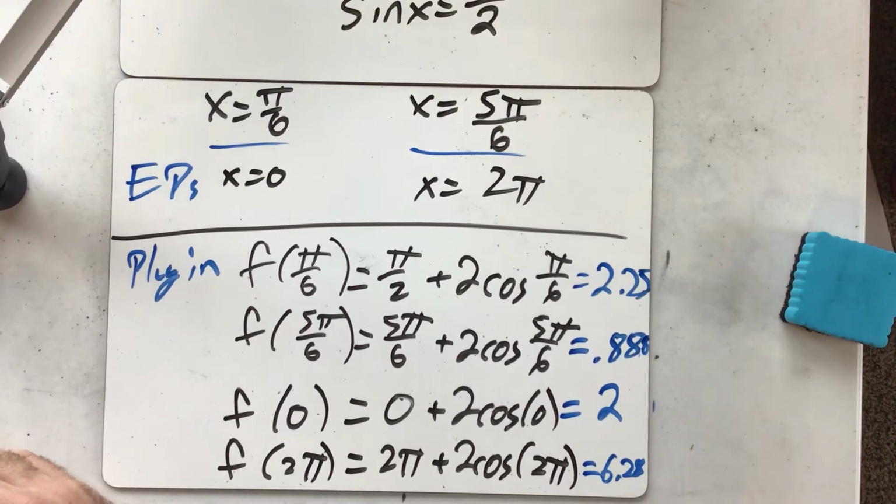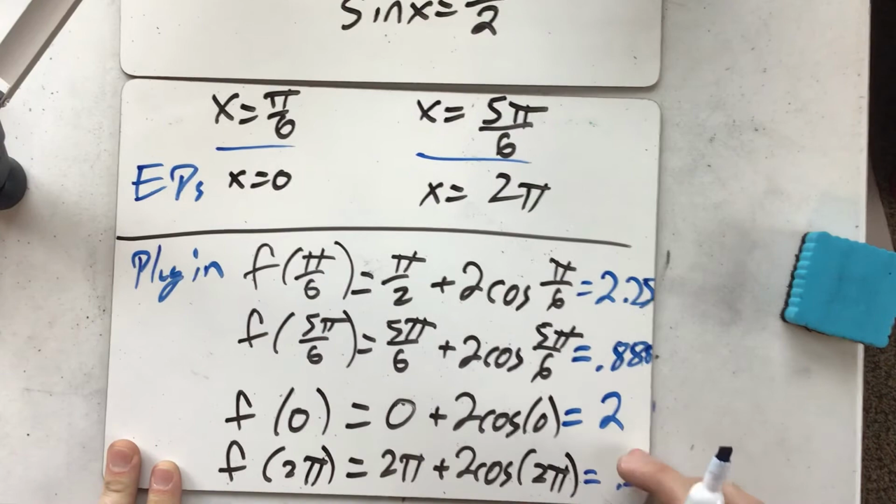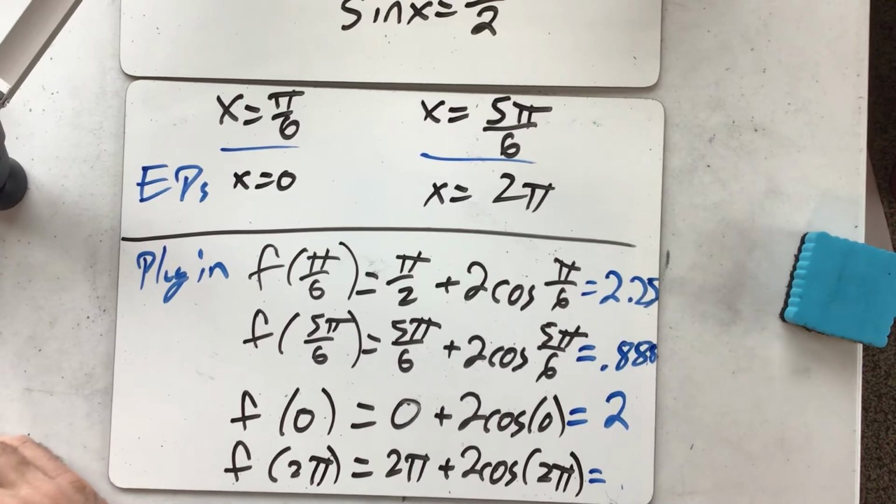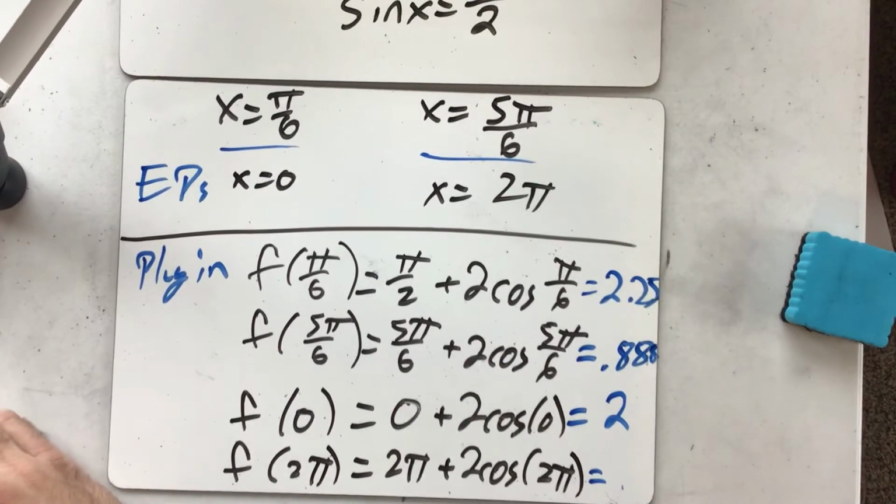Okay, so this one is just, oh, wait. No, it's not. Oh, come on. Come on, Brian. Think about it. So this is 2 pi plus 2.